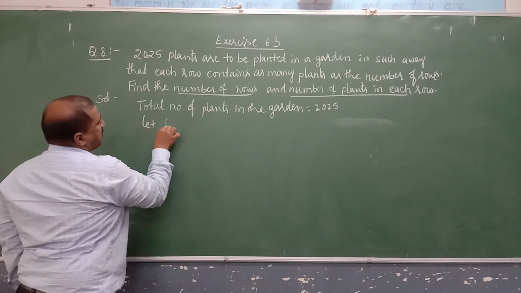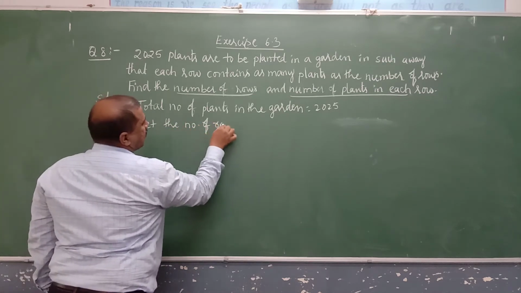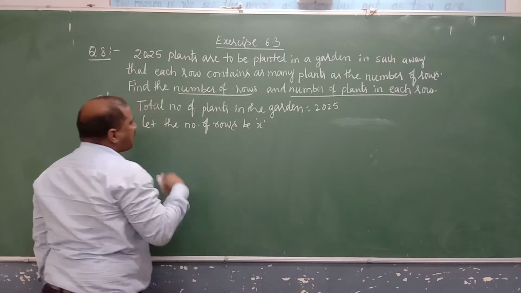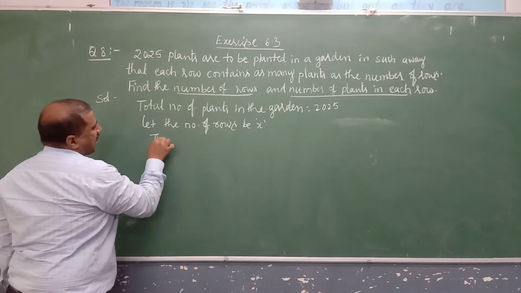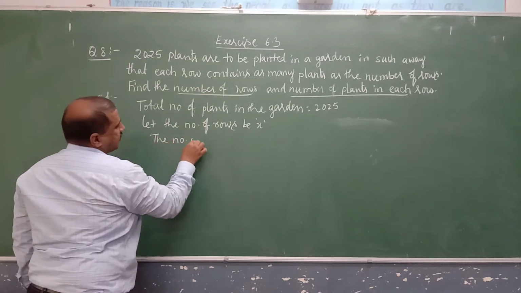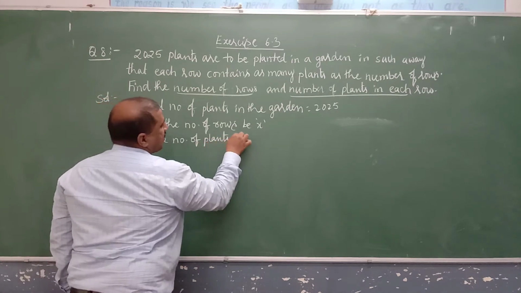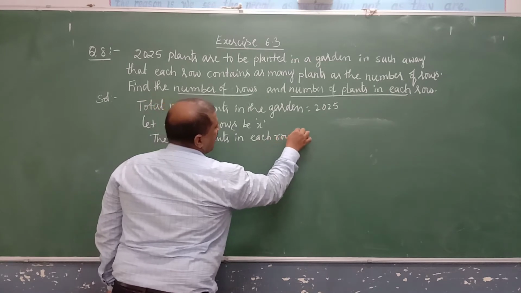Let the number of rows be x. What about the number of plants in each row? That is also x. Let the number of plants in each row be x.